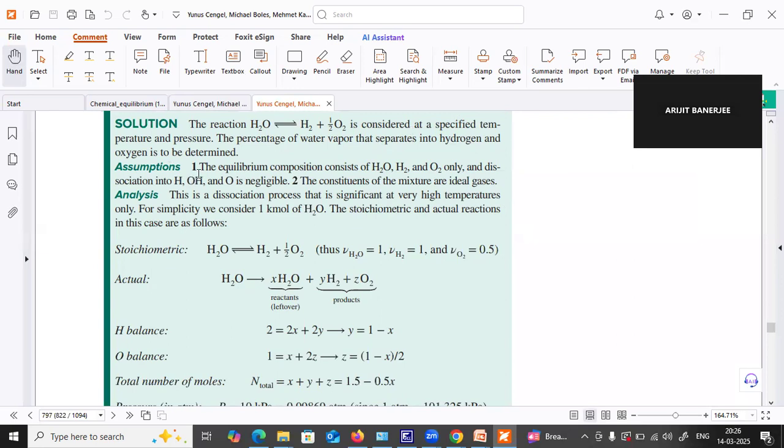Assumption: we are assuming that the equilibrium composition consists of H2O, H2 and O2 only, because we do not know whether it will be only hydrogen and oxygen at the chemical equilibrium condition. Since it is not known, we assume that it will be like this.